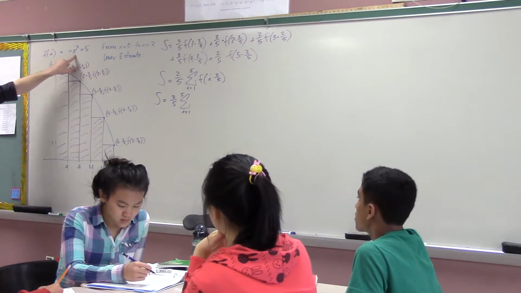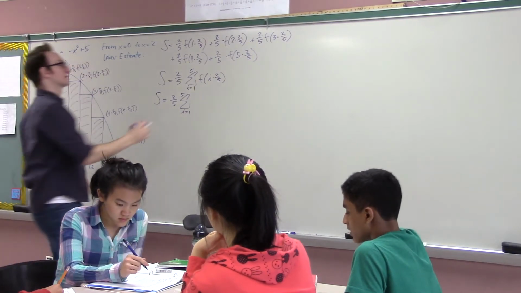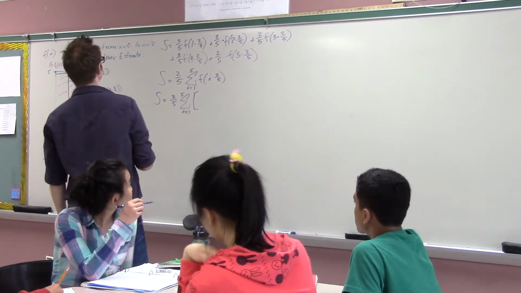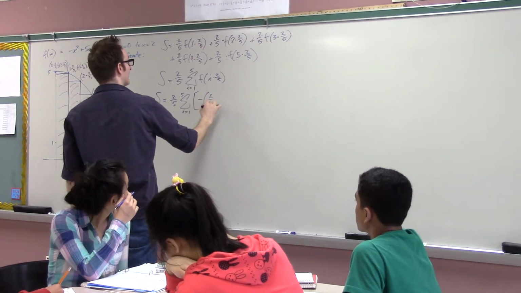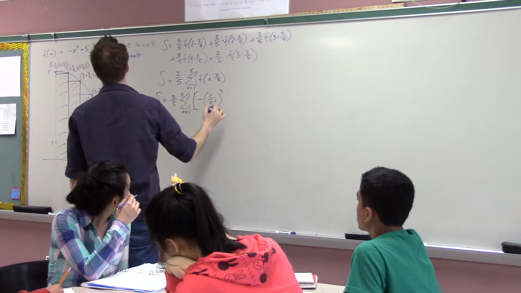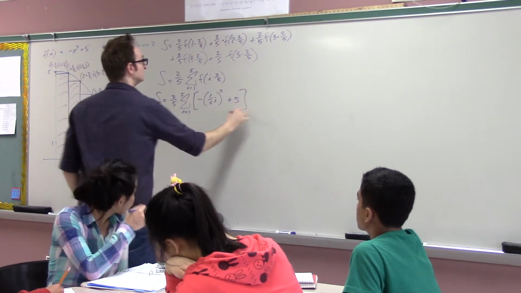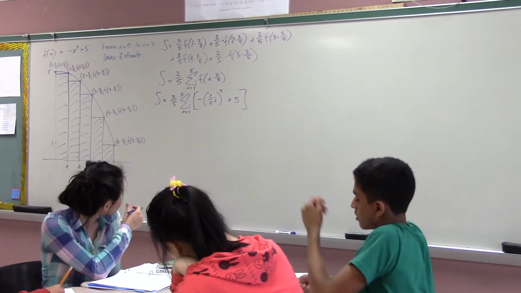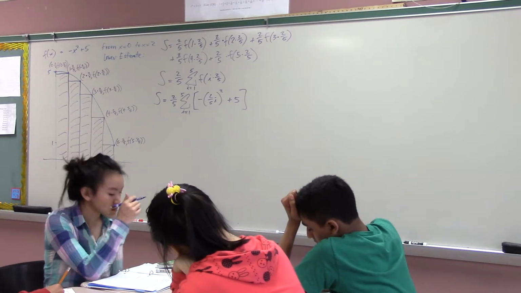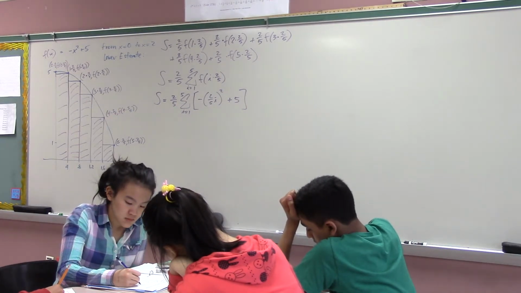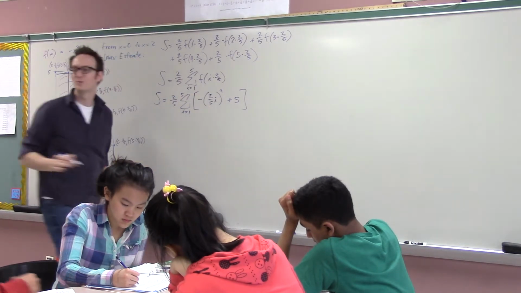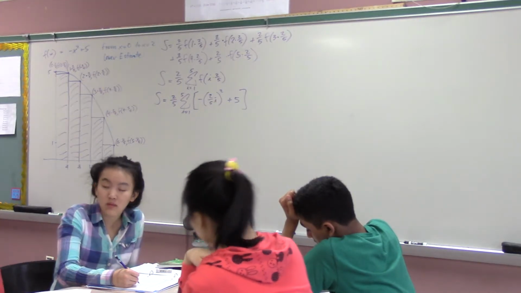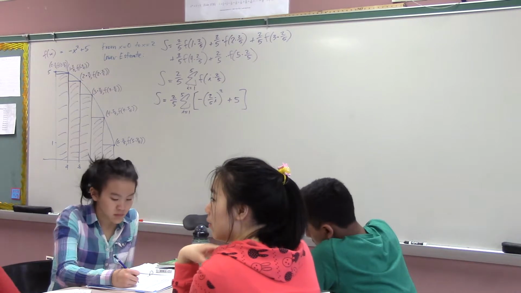So now I'm going to plug 2/5 I into this function, and I get negative 2/5 I squared plus 5, because that's just what f is. Bronte, with me? Good. All right, so now we keep going.